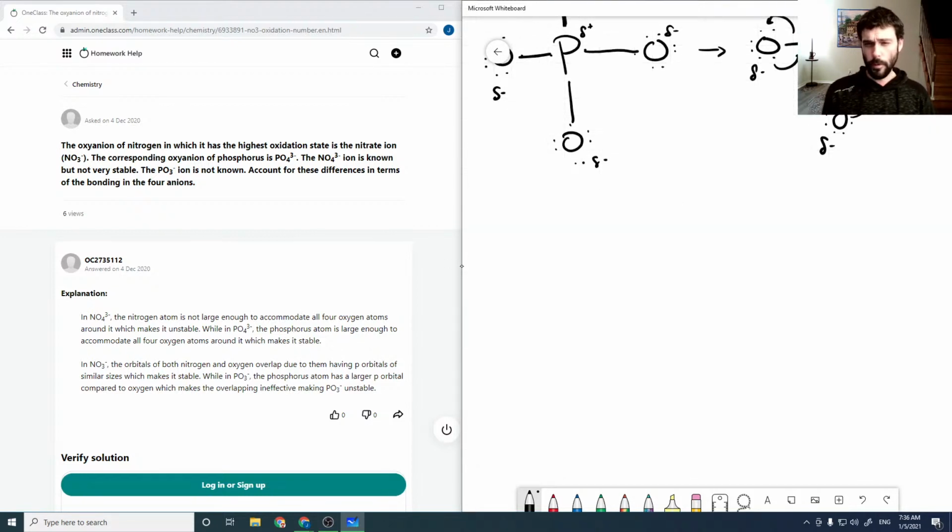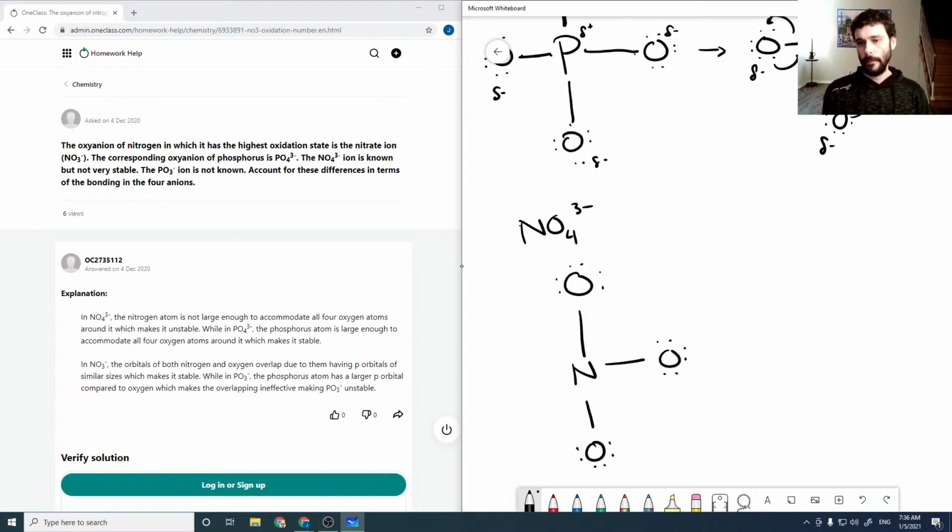So for NO4 3-, though, we're kind of stuck with this structure, as nitrogen doesn't really have access to the d orbitals. And so then we're stuck with this structure, which is heavily charge localized.